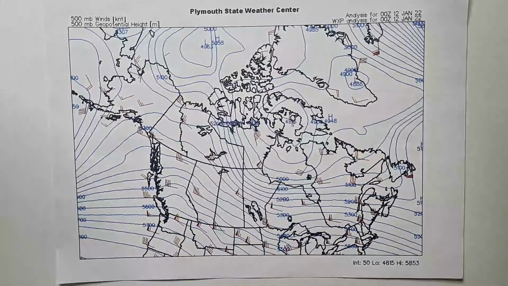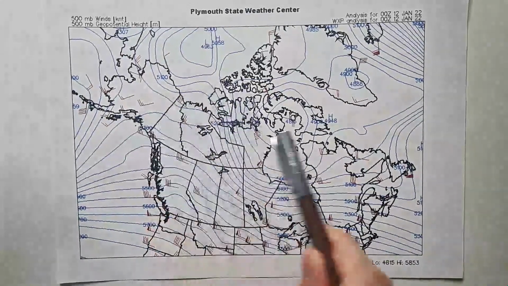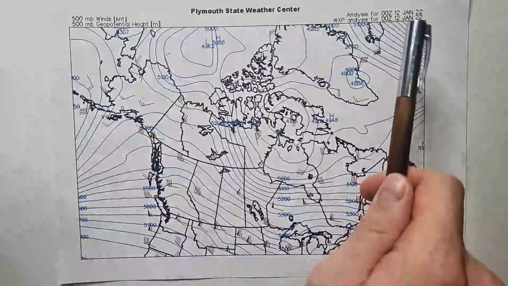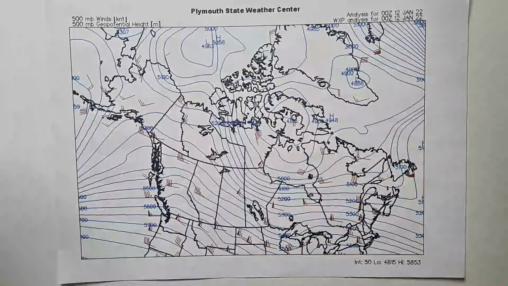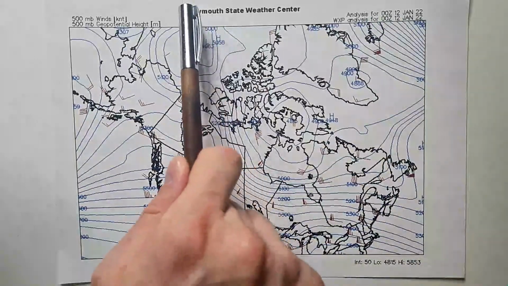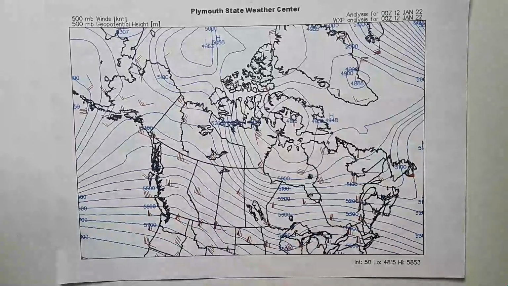At the end I would like to demonstrate how powerful this geostrophic approximation really is. Here I have a synoptic map above Canada, this is Canada, that I obtained for 12 January 2022 at 0 UTC or Zulu time. And I took it from Plymouth State Weather Center.